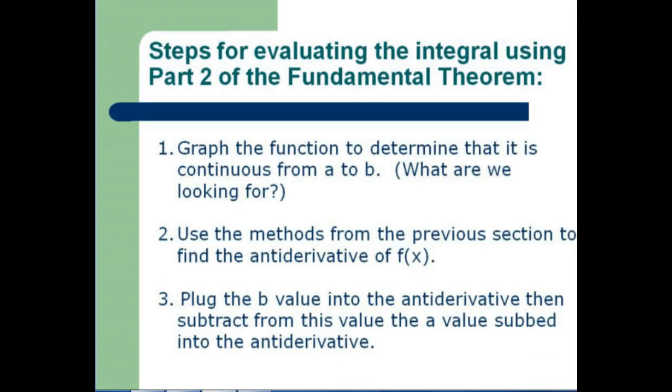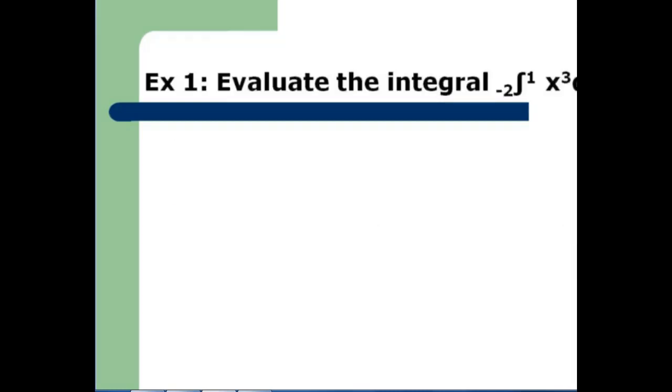Then plug the b value into the antiderivative, subtract the a value plugged in, and get a nice numerical answer. So definite integrals and the fundamental theorem of calculus part 2 are very similar. We're finally going to have this full-blown connection between Riemann area and integration.